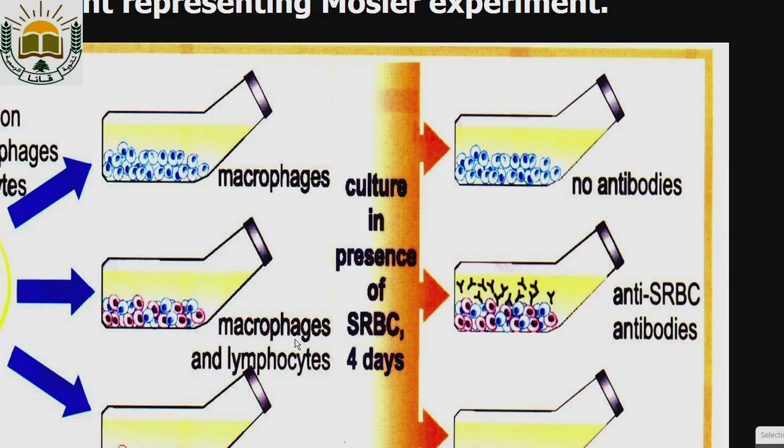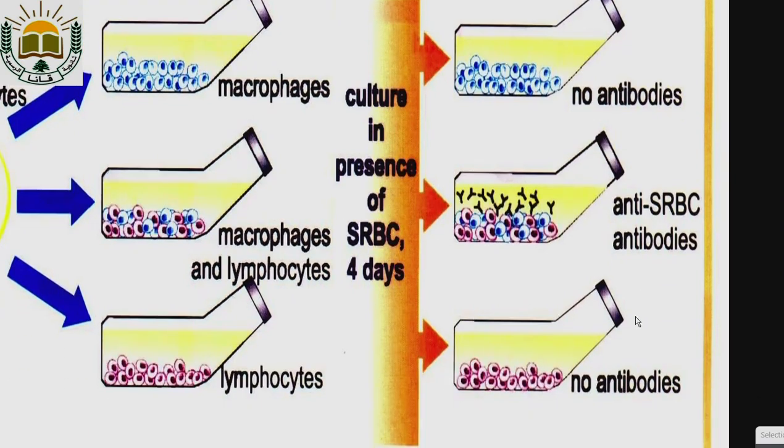So macrophages and lymphocytes with SRBC are able to produce antibodies. Finally, if lymphocytes alone are put with SRBC, we do not obtain antibodies. This indicates that lymphocytes alone with SRBC are not able to produce antibodies. And this is the complete and perfect answer.